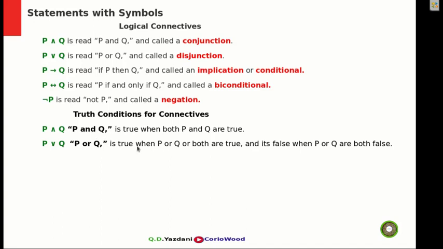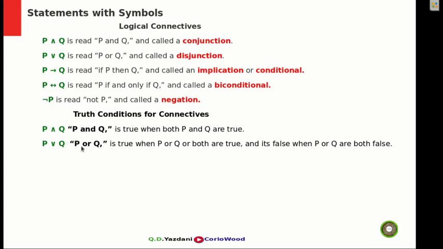P or Q is true when P or Q or both are true. So it doesn't matter if one side is true and the other side is false, it is still true. It is false only when P and Q are both false. So this one is totally different, opposite to the AND. The OR works differently, even in computer science.